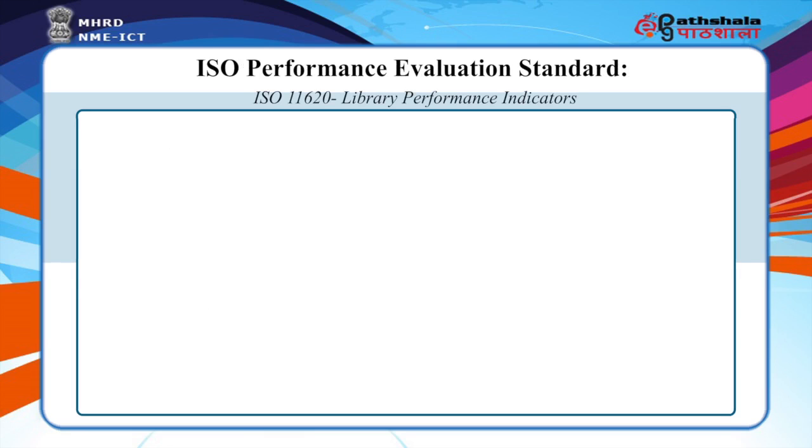There is an ISO standard on library performance indicators. This standard provides a set of 40 performance indicators for measuring the library's effectiveness. These 40 indicators are in 4 broad areas. The first area is the library resources and infrastructure, which covers 10 indicators.